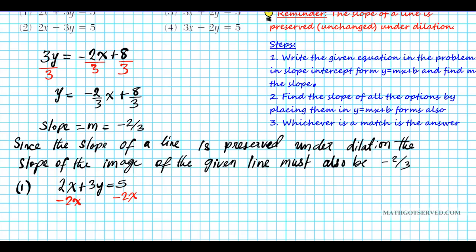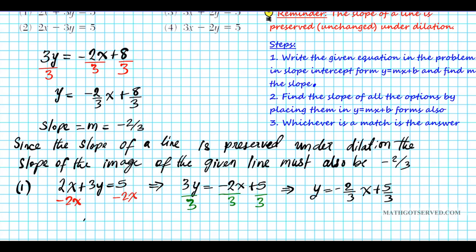That yields 3y equals negative 2x plus 5. And then to get y isolated, divide everything by 3, just like we did in the original equation. That gives us the slope-intercept form, y equals negative 2 over 3x plus 5/3.